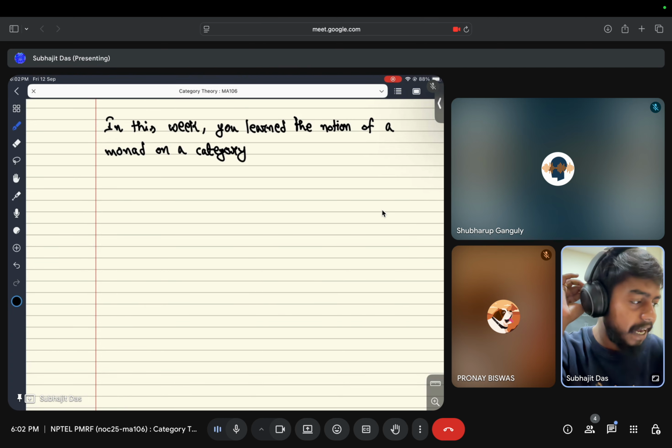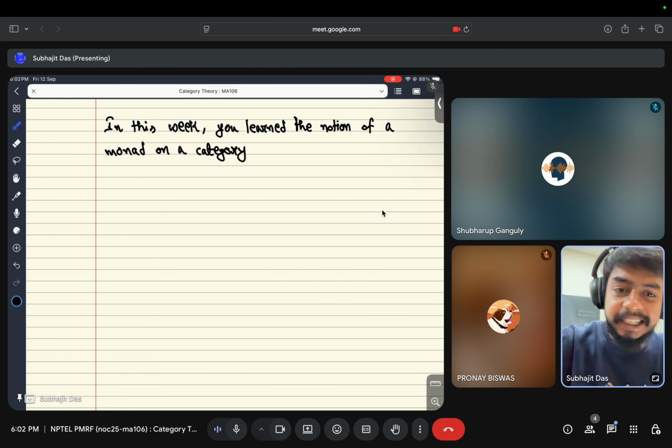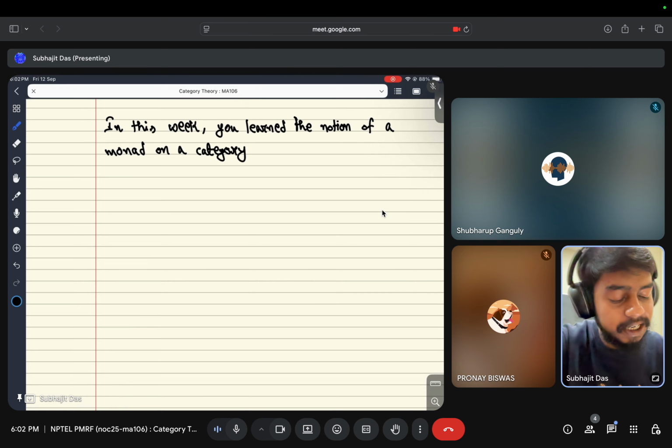The observation is this, that in category theory, monoids really play a very central kind of role, and many things, whatever you see, are sort of reincarnations of the notion of a monoid. So in particular, a monad is one such example.